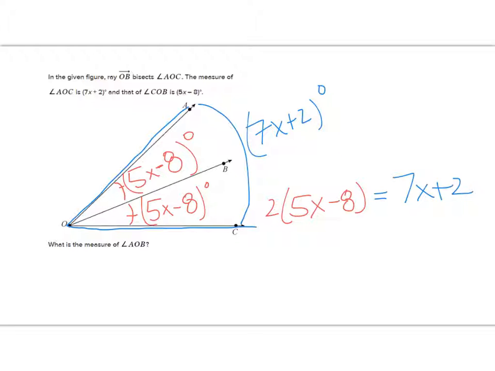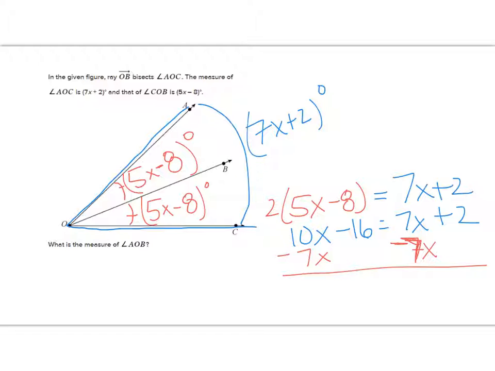So going ahead to solve this, I'm going to distribute the 2 in and get 10x minus 16 equals 7x plus 2. I'm going to subtract my 7x over. So I'll get 3x minus 16 equals 2.